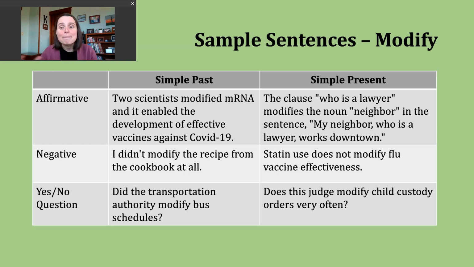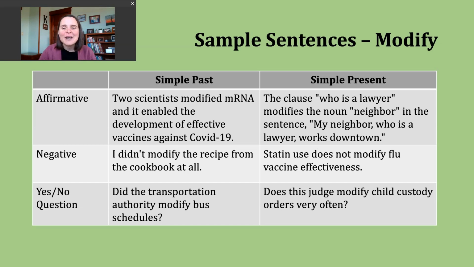So here, the noun neighbor is being limited by the phrase or clause, who is a lawyer. Okay? And here, the clause is just one, so you can see I've changed my verb where I've dropped the Y and I've added IES.